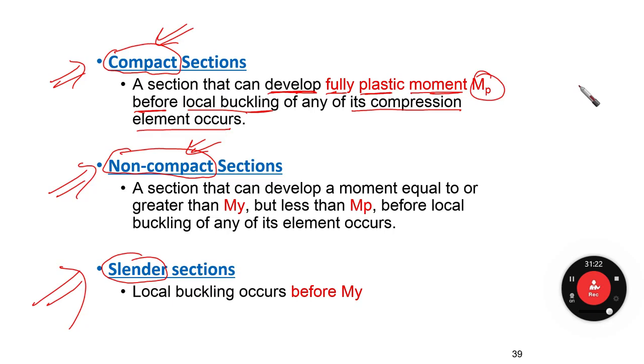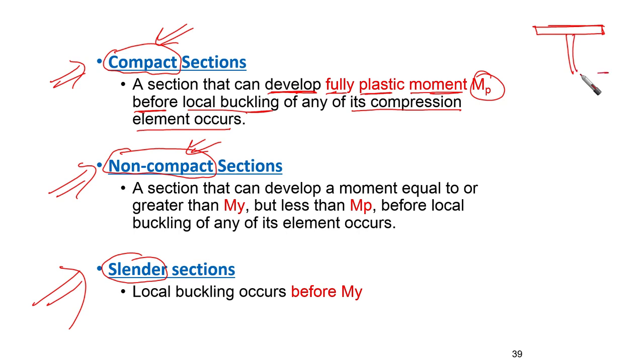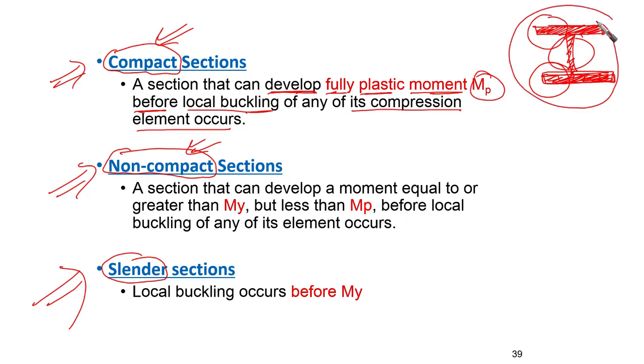This means that the full cross section is going to reach, and exceed, F yield before any of its compression parts, whether the flange or web or whatever, buckles. This means the section is going to work with me to develop MP, and I'm not worried about any buckling of any of its compression elements.